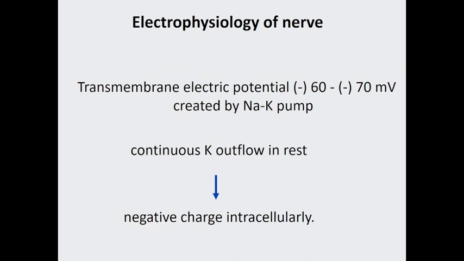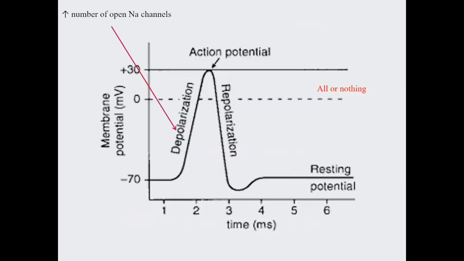The effect of local anesthetic is caused by decreasing the function of the nerve. Normally, there is a transmembrane electric potential across the nervous membrane, created by the sodium-potassium pump. There's a continuous outflow of potassium from the cells to outside, and the negative charge is intracellular, and when the impulse comes from the nervous system, there is a depolarization signal.